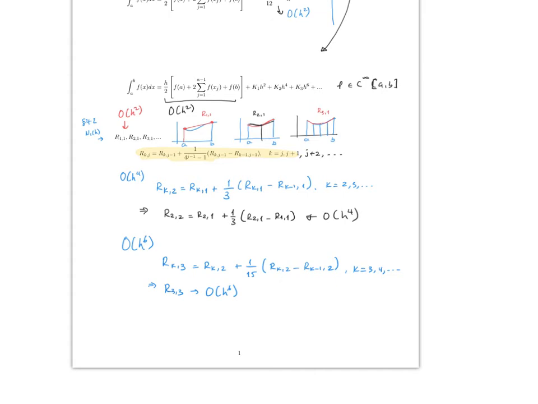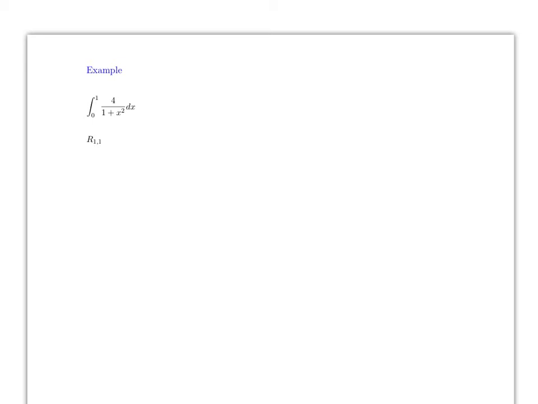Okay, so let's do an example and see how this works. Let's say we want to integrate 4 over 1 plus x squared from 0 to 1.